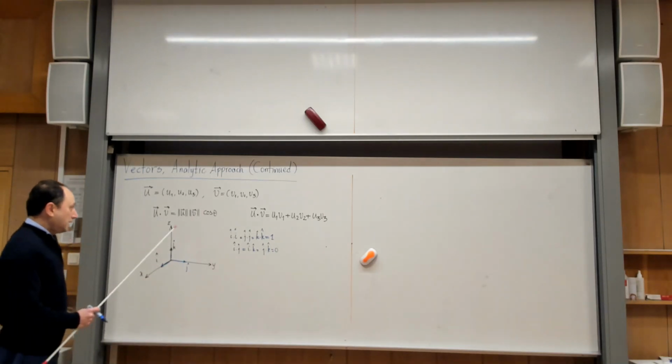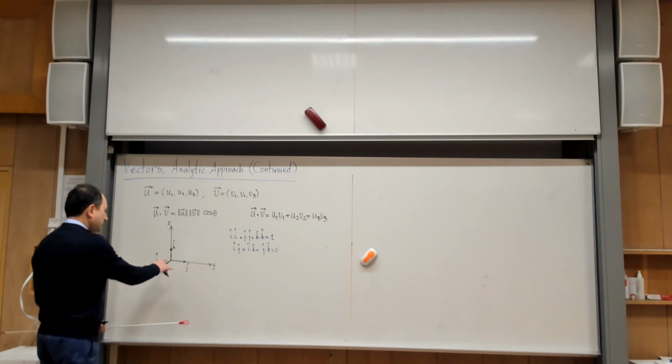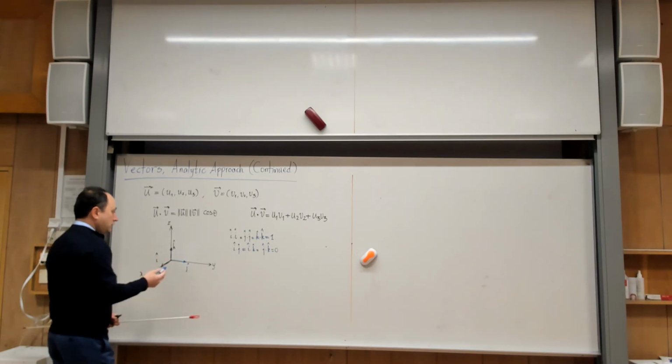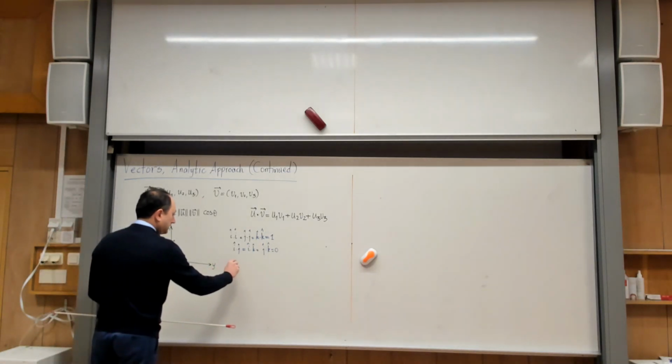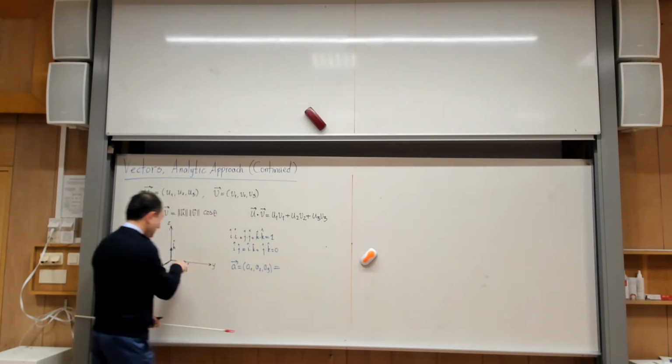And then I needed one more thing. By the way, what was the main property of these unit vectors? If you have any vector called A, which is A1, A2, A3, this can always be written as a linear combination of these 3 vectors.